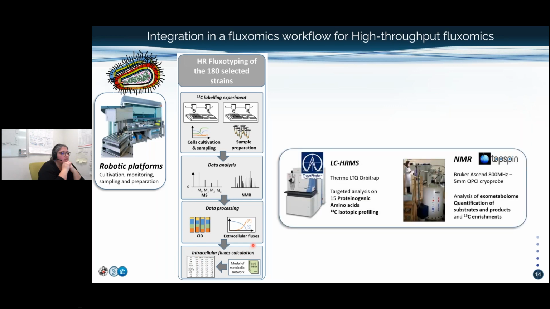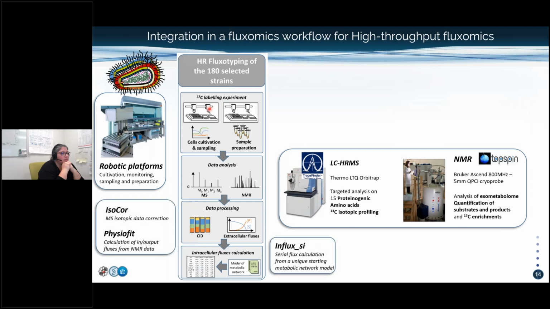So we use for that combined analysis by LC-HRMS and NMR, and all the data coming from those two experiments were used to calculate fluxes in this type of experiment.